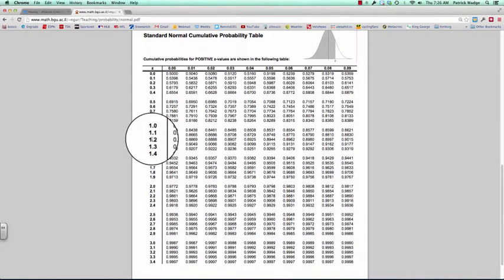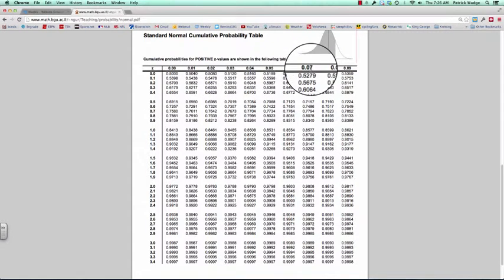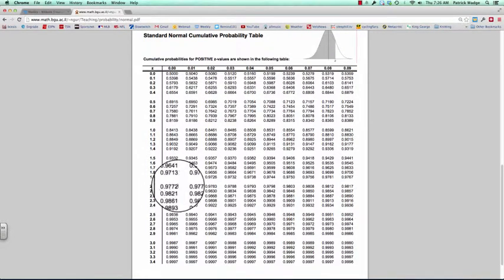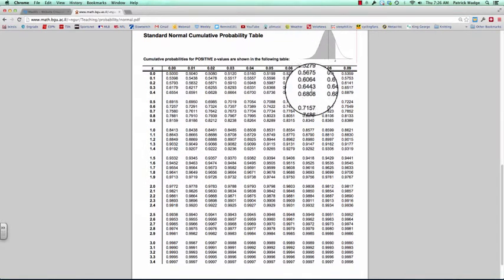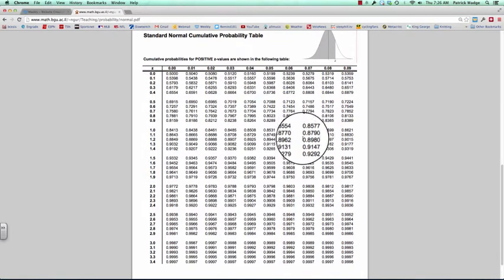So where do we find the 7? The 7 is up here, right? So we have the 1.2 here, and the 7 there, and where they meet is right here at 0.8980. And that is the area that we're interested in.